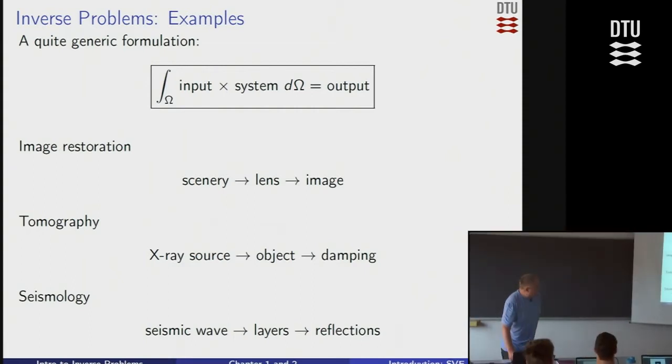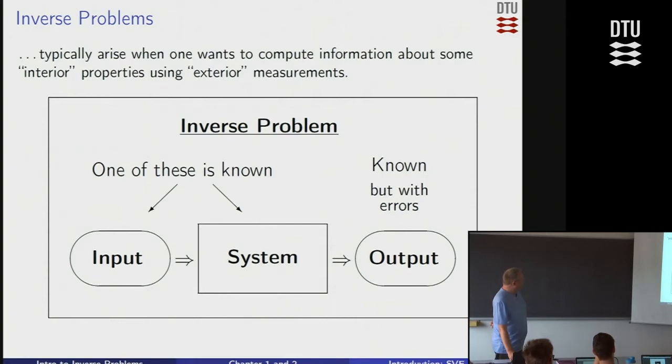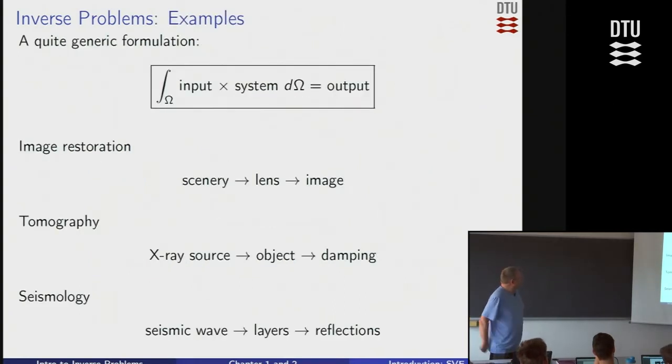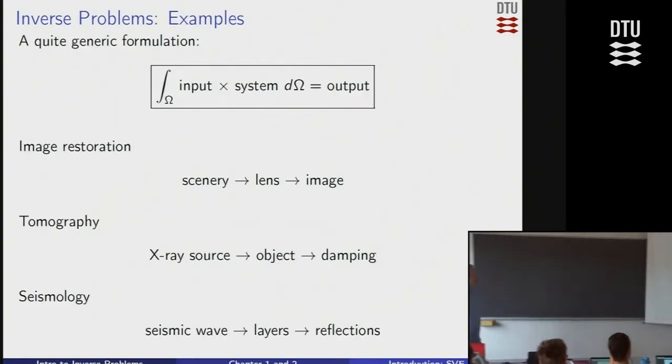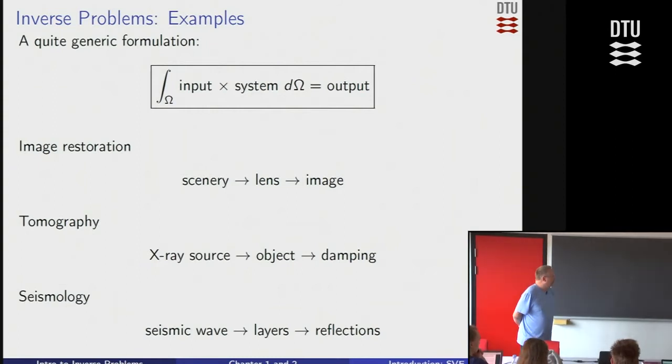Let me back up. Here's the system in the middle, and in connection with image restoration, you know the system because you can set up a mathematical model for the blurring that goes on in the lens. Knowing those two, the lens and the image, you can compute the sharp image, the actual scenery.